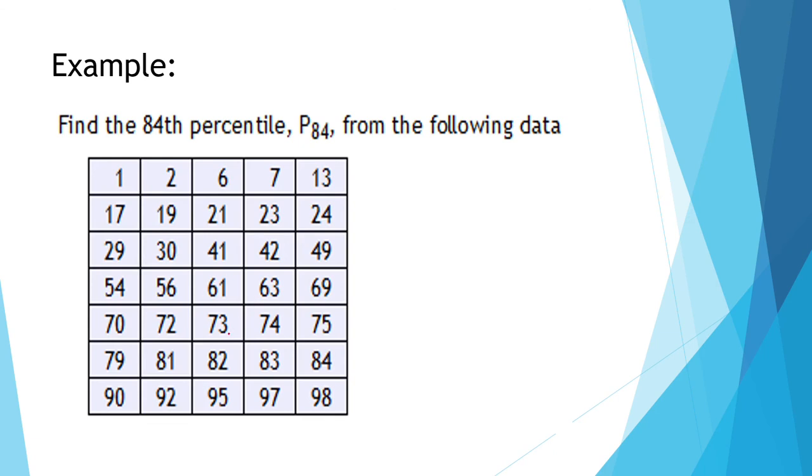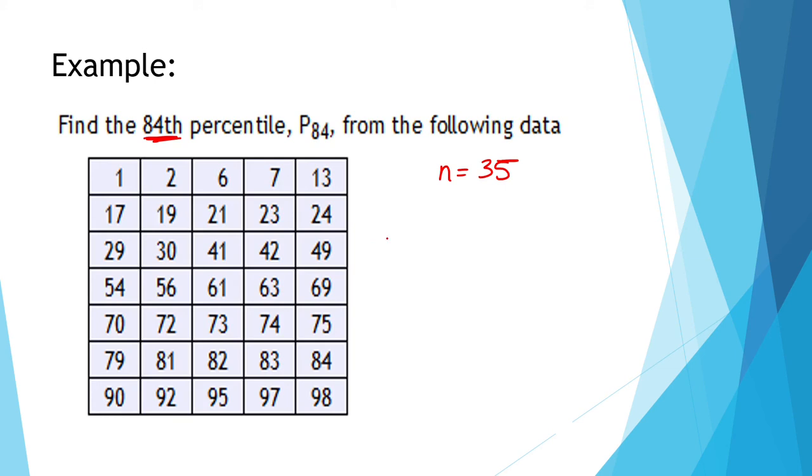In this example, we want to find the 84th percentile, P84, from the following data values. Now, if you count all of the data values, our sample size is 35. Now I want you to pause the video and try to see which number is the 84th percentile.